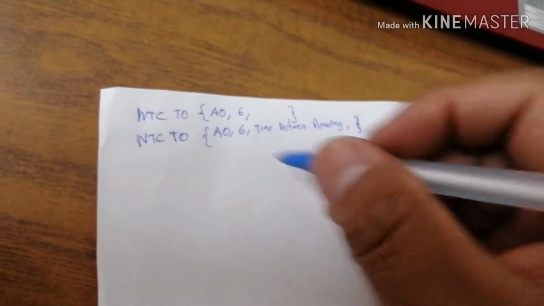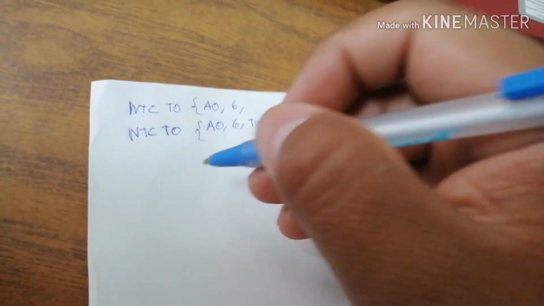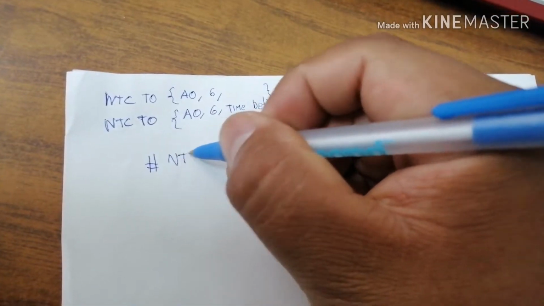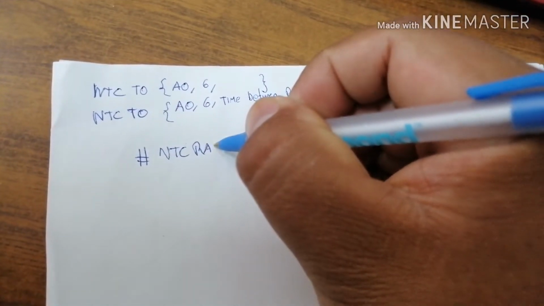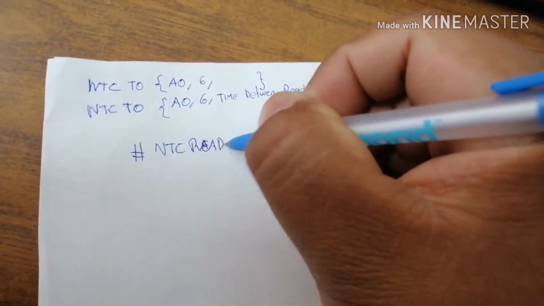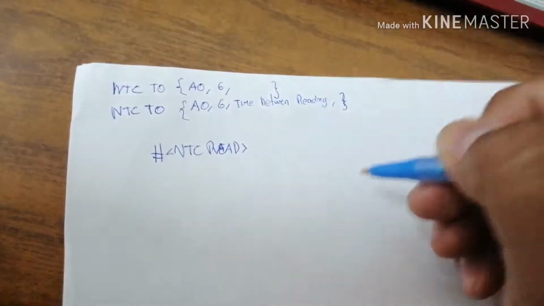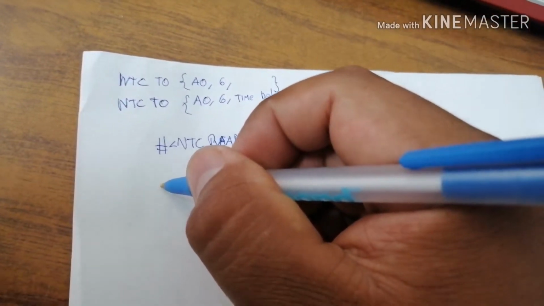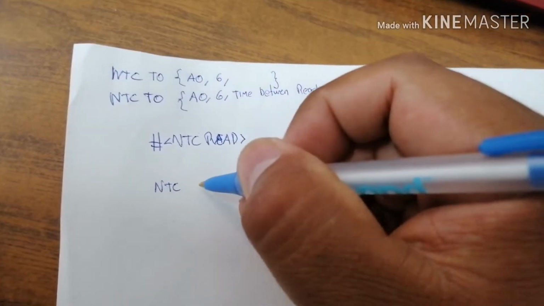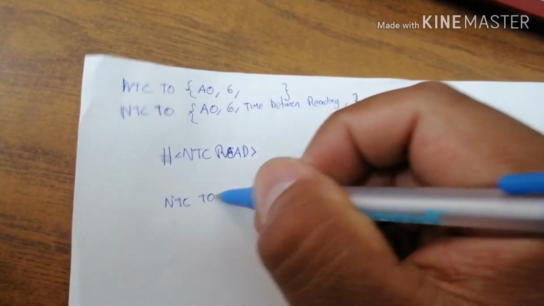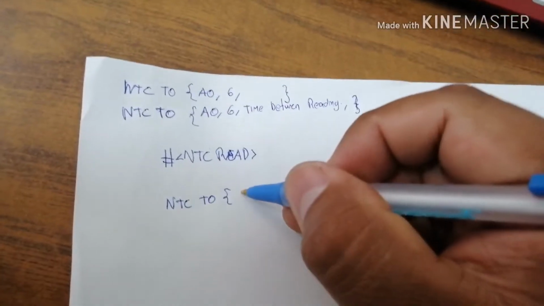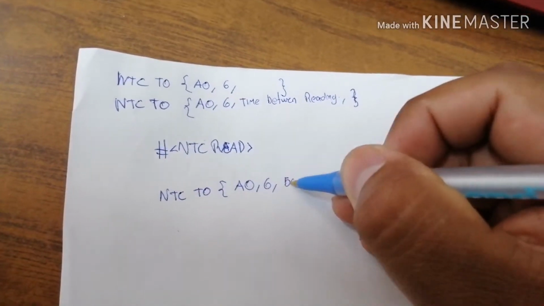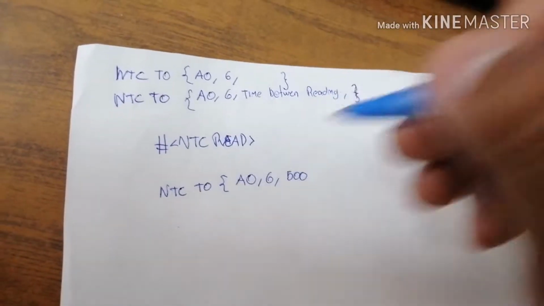So in my code I will call the library NTC read, and then I will start a constructor, right? Like NTC, it will be my constructor, T0, and add these parameters. Let's say we have A0, 6 readings, and a 500 millisecond delay between one reading and the next.